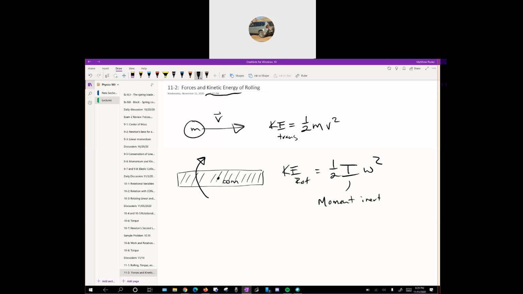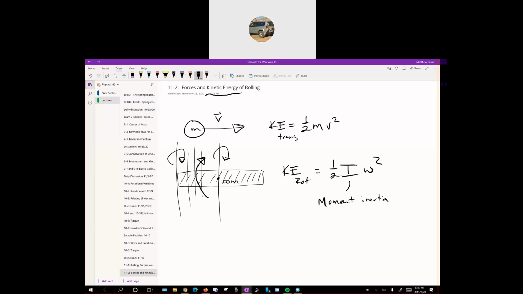That depends, remember, upon the distribution of mass, or the shape of the object and the mass of the object. And it also depends on what axis you're rotating it about. So remember, if I rotated this about here, it's actually easier than if I rotated it about here. We have a different I for each of those cases, or anywhere in between.